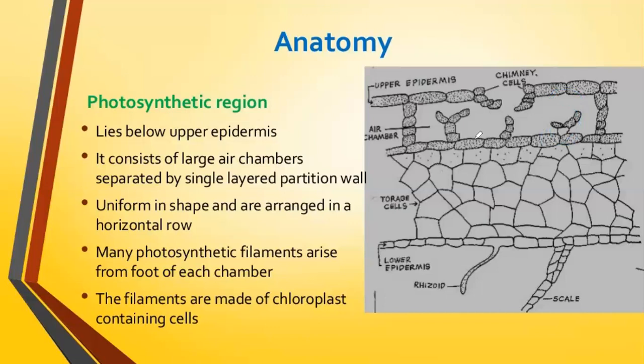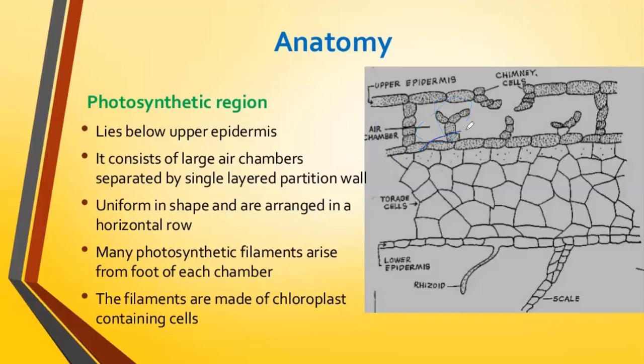And also, the air chamber is attached to the single layer of photosynthetic cells, which is made up of chloroplast, or it is made up of chlorenchyma. This second layer, that is the photosynthetic layer, is made up of chlorenchyma and they have large air gaps.